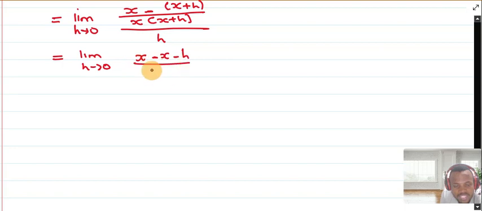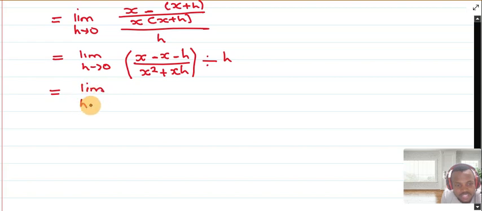You divide this by x times x, which is x squared, x times h is xh. Okay, let me write the division on this side. I divide by h.